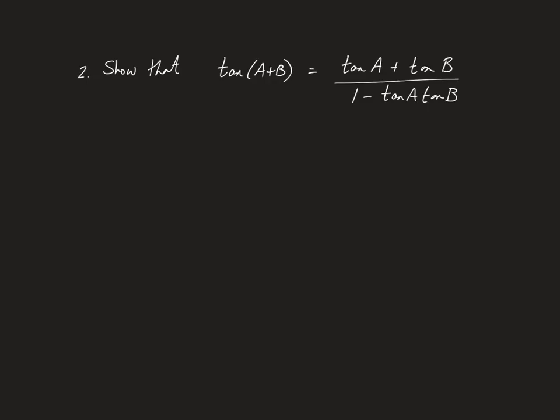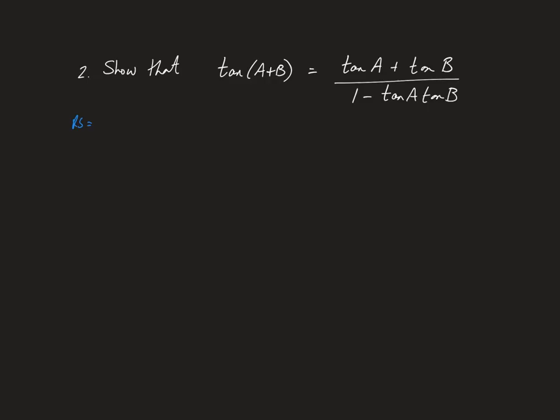Okay, and we should be back. So the first thing I would maybe want to highlight is when we take a look at this, I think I would want to manipulate that right side first. The reason for it is that I have so much stuff on the right side. And everywhere that I see a tan, I know that a tan is equal to a sine over a cos.